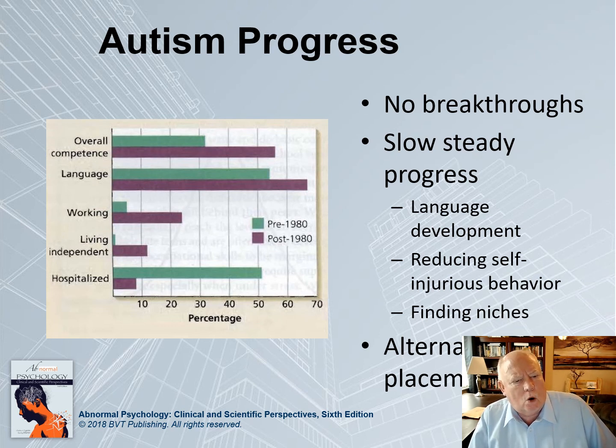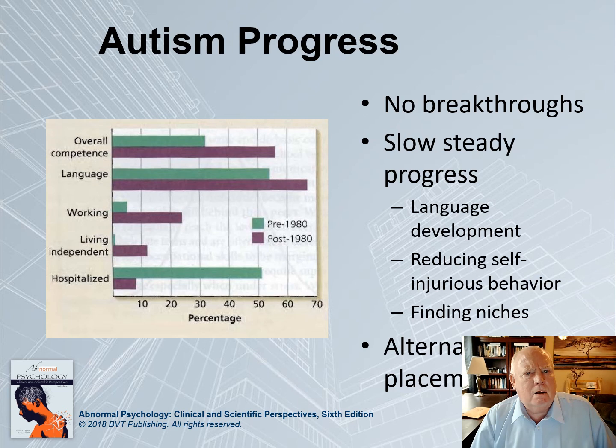But look at working. Could a person with severe autism do anything functional that's worthwhile enough to be paid for? A very small percentage, 1 in 20. But now it's like 5 in 20. It's a 5-fold increase in the ability to work.